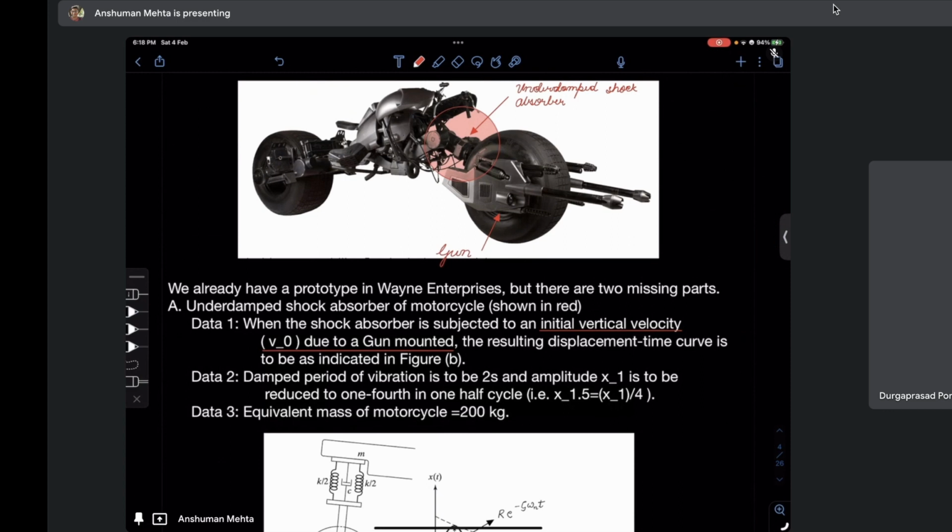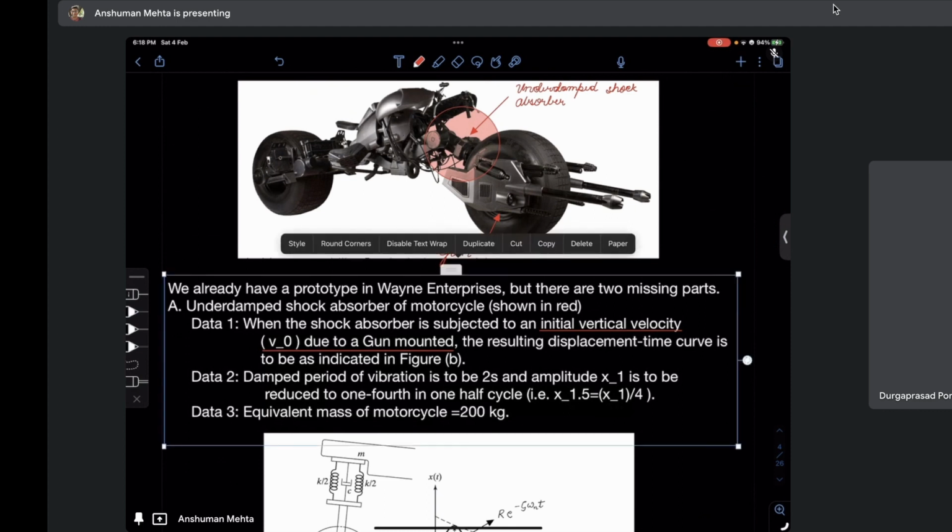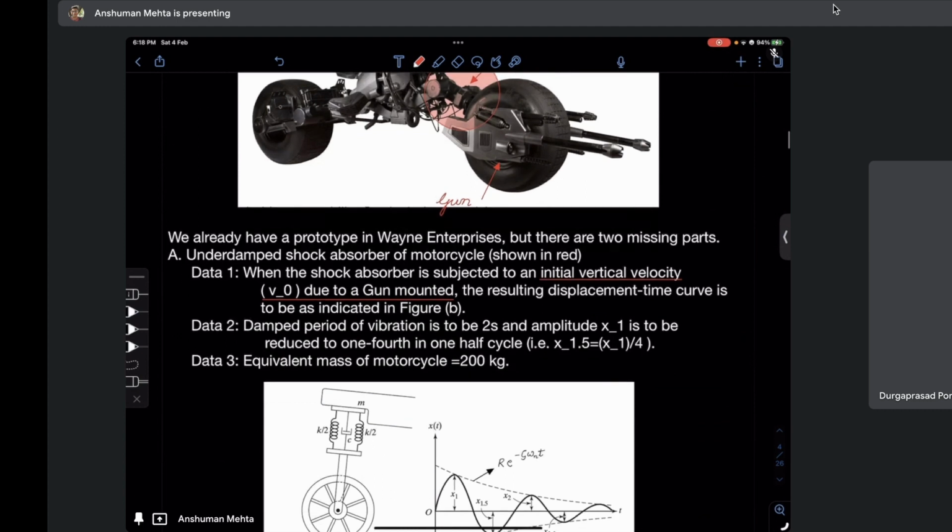Hence we have that maximum deflection with factor of safety as 250 mm. We need to find out how much recoil velocity it can handle. So this V naught is the initial vertical velocity due to the mounted gun. How much can this gun mounting take, so that we can install a much better gun.